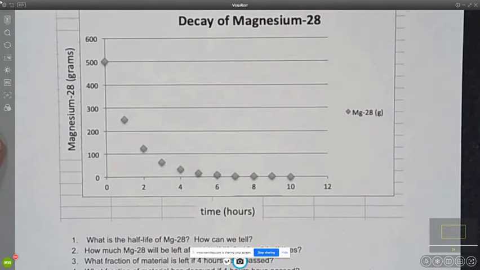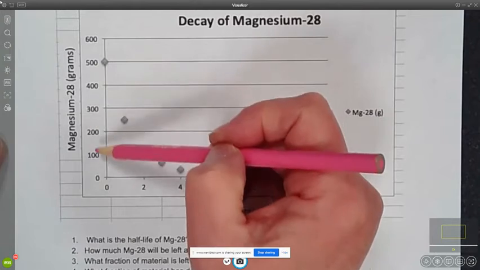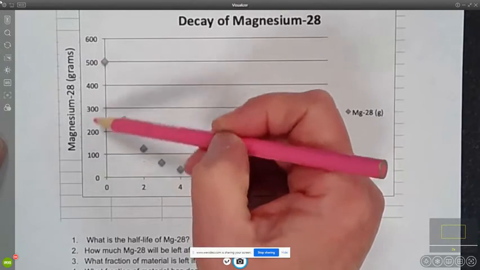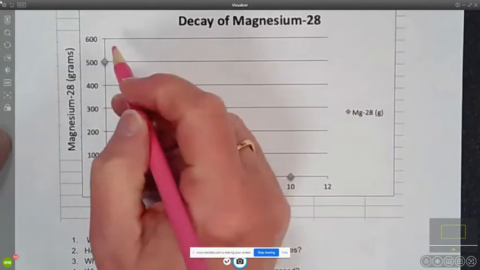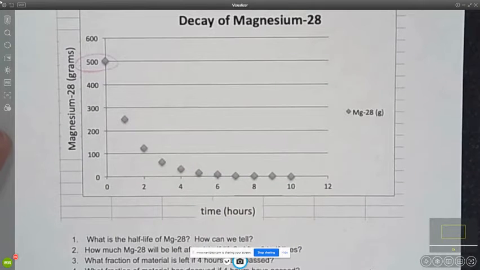So in this case, I don't have 100% and 50%. That was easy to read before. So I have to pay attention to how much I start with, how much the original material I have, and then how much would indicate that I've got a half-life.